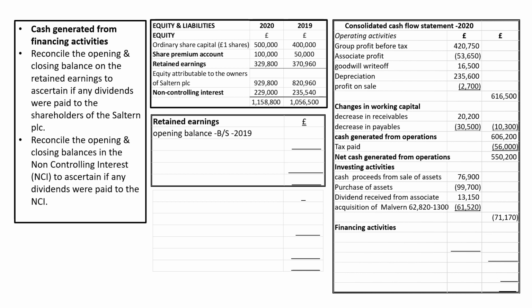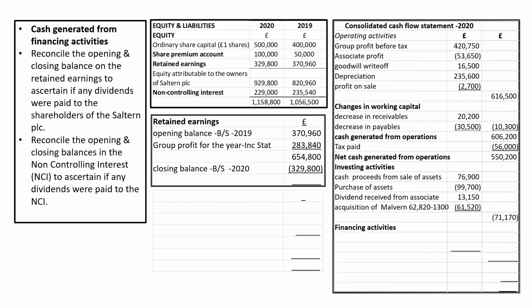We start with the opening balance taken from the balance sheet in 2019, which is 370,960. We add the group share of the profits, or the parent share of the profits, and that is included in the income statement of Sultan PLC, which is 283,840. We total that amount, which gives us 654,800, and we then offset it against the balance in 2020, which is 329,800.